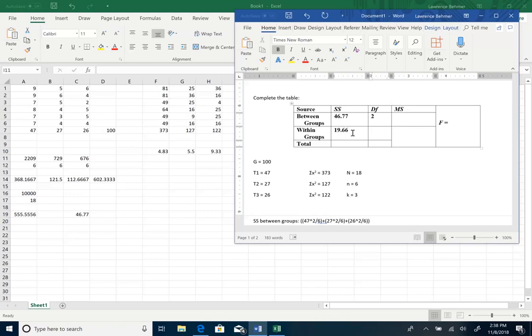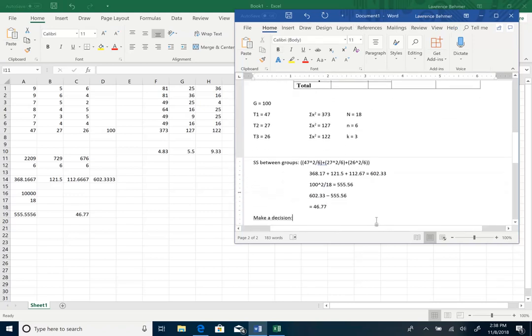I'm getting ahead of myself though. If I were showing my work for SS within groups, what I would do is this for each one, right? So I'd go 373 minus... You don't have to show necessarily every single step, right?